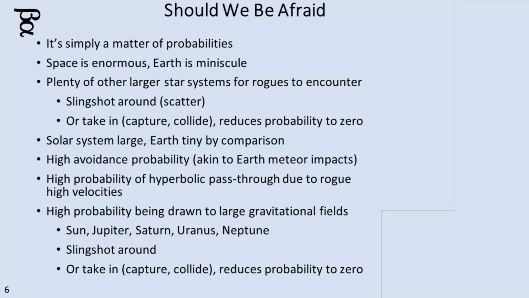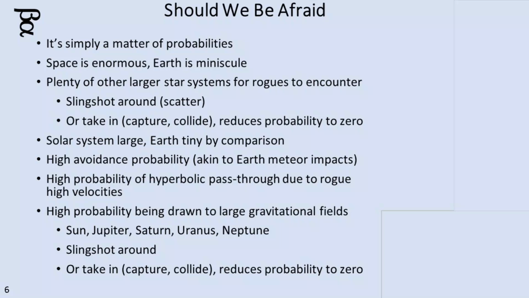They're going to encounter a star system. They're going to encounter a high mass object like a Jovian-sized planet or a star, and then they're just going to scatter. They're going to slingshot, scatter. Or if they do get captured by a large planet or collide with a star, hey, that takes the probability of it encountering Earth to zero because it's not there anymore.